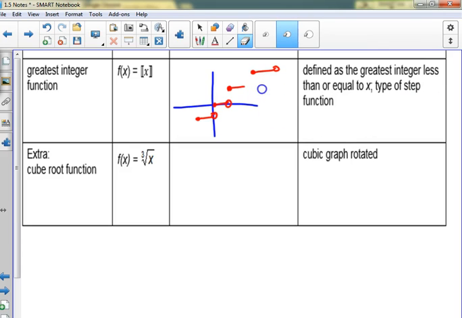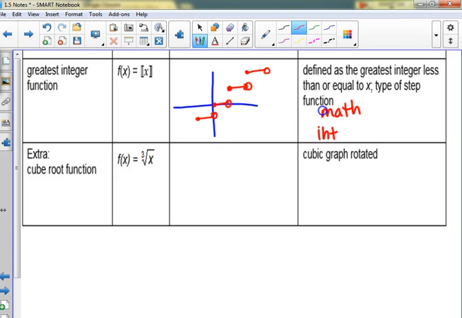That's not a good plan. All right, this on the calculator is called INT. If you go to the math button and you arrow to the right, anybody find it? Is it number 4 maybe? 5? Okay, thank you. It's number 5 and it says INT, like greatest integer function.